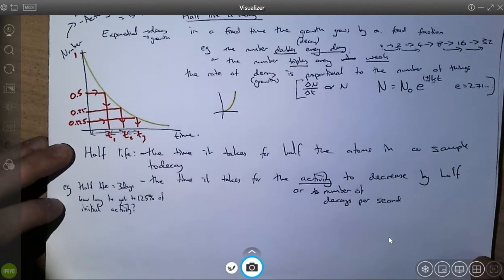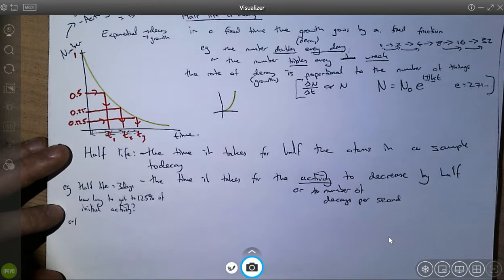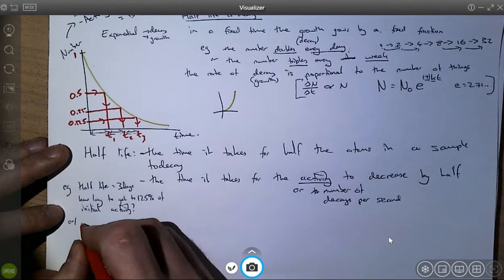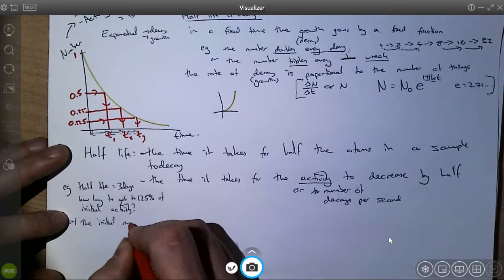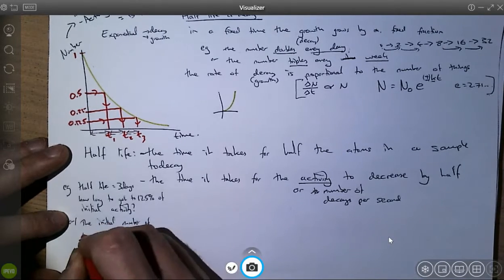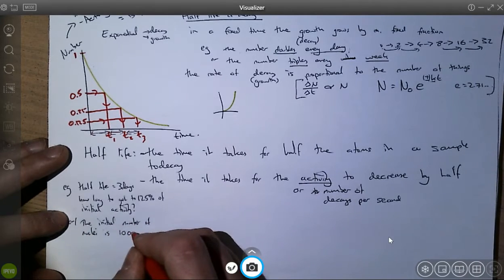Or there are so many ways they can word this. They might say something like, the initial number of nuclei is 10,000.